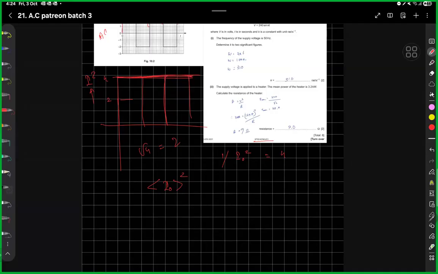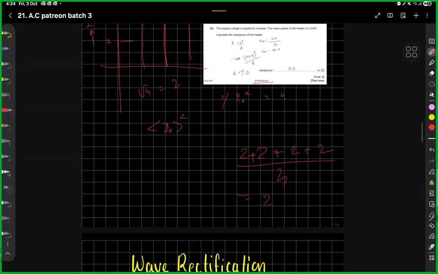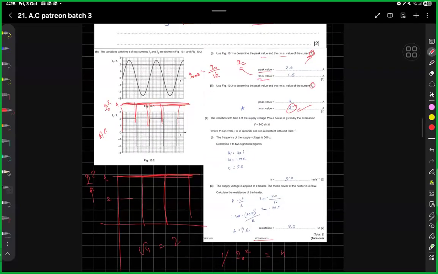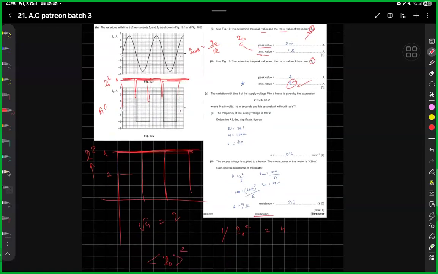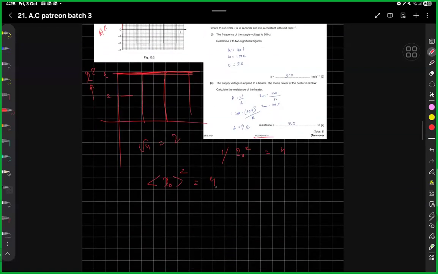It is always 4, so the average itself is 4. If you take an average of 2 plus 2 plus 2 plus 2 and divide by 4, you get 2. So that is the point over here, that your max current is not varying itself. So your average I naught square is simply 4.